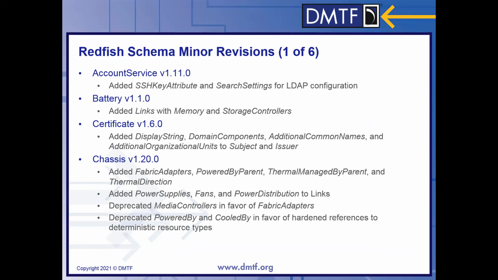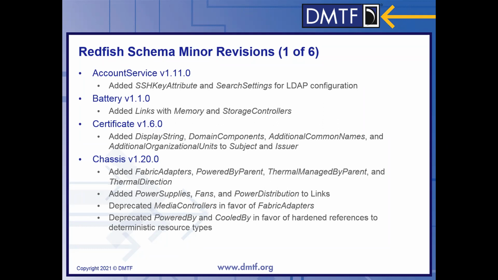We're not going to read every single one of these, but I want to point out some of the highlights. In account service, there were some pieces added around LDAP configuration, especially around the use of SSH keys. You'll see that in a few places in the schemas, pieces specifically for handling SSH support. In battery, these are links to memory and storage controllers.